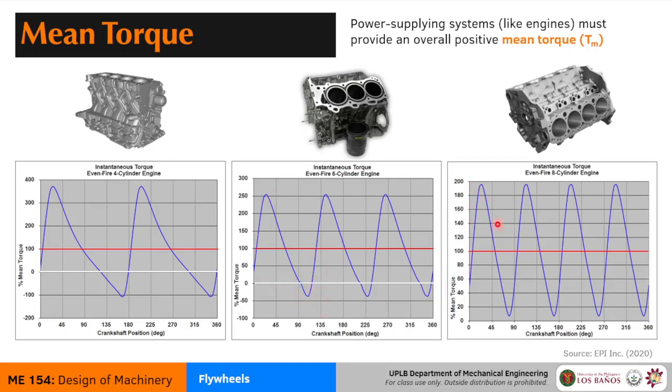When it comes to the V8, there is no negative torque, and the peak torque is less than 200% of the mean torque. So by adding cylinders, you even out the torque profile, so the flywheel will have an easier job managing the speed fluctuations in your drivetrain.